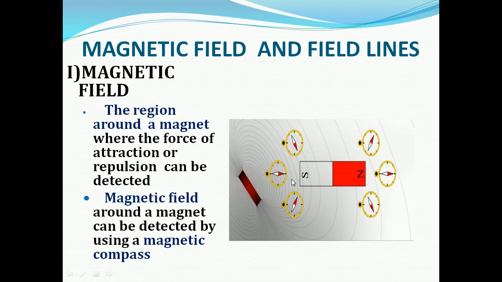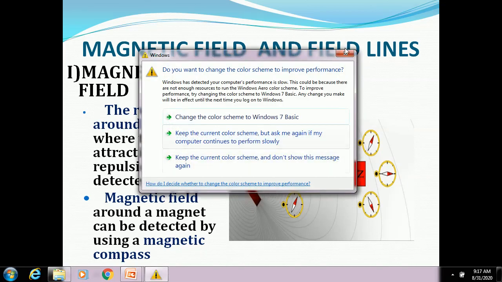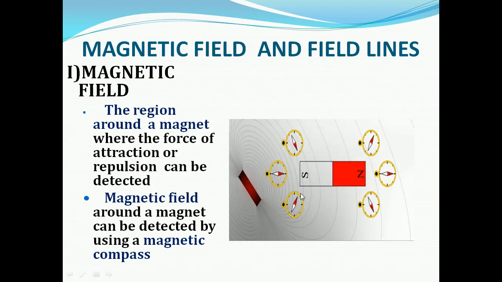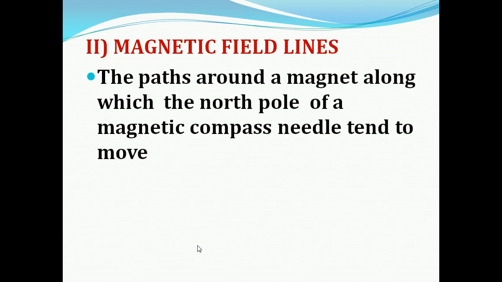The magnetic field around a magnet can be detected by using a magnetic compass. Then magnetic field lines.